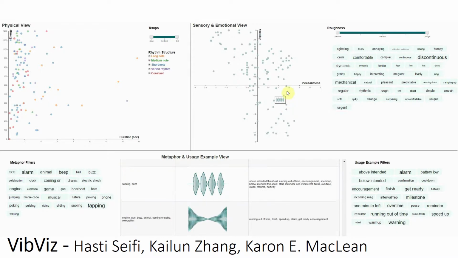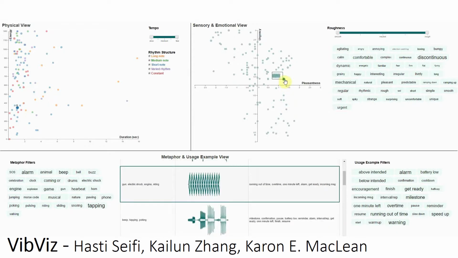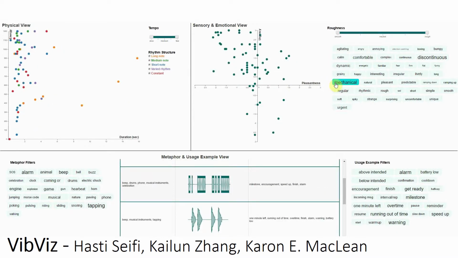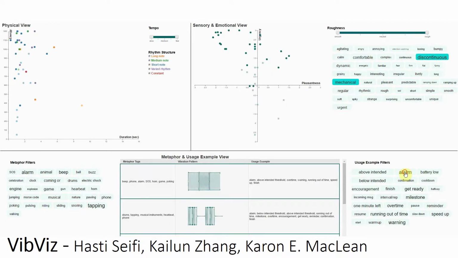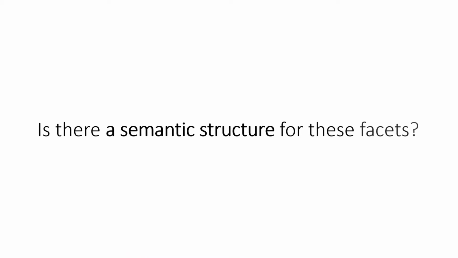However, the list of tags and ratings in their primary form cannot support design, as there is no structure or hierarchy for the lists. So we asked, is there a semantic structure for these facets? To study the structure of the facets, we used an established mathematical model called multidimensional scaling, or MDS. MDS is extensively used in the literature to study the perceptual space of a set of items.